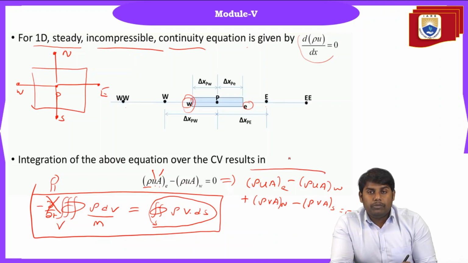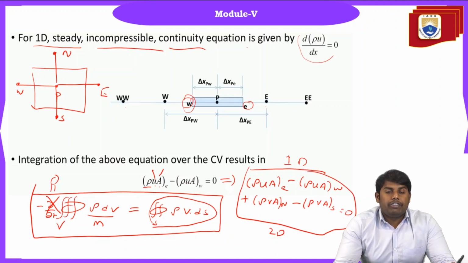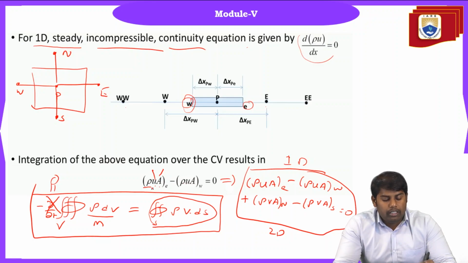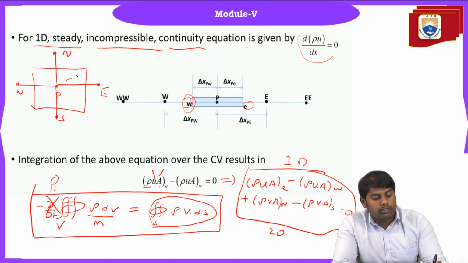The first two terms contribute for 1D, and the whole expression contributes for 2D. If we take 1D, we only have rho u A e and rho u A w. So for 2D, additionally we have north and south. And for 3D, what do we have?